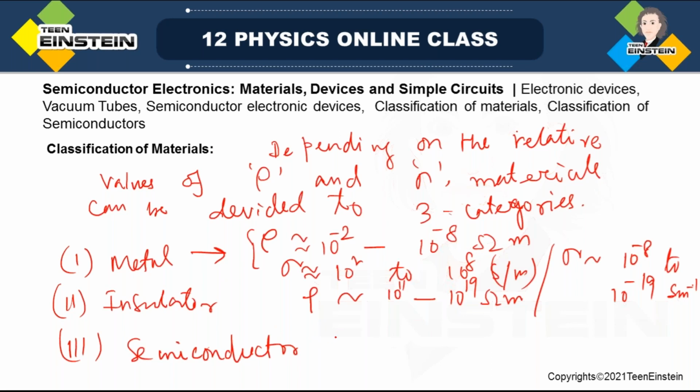And semiconductors have resistivity and conductivity in between metal and insulator.